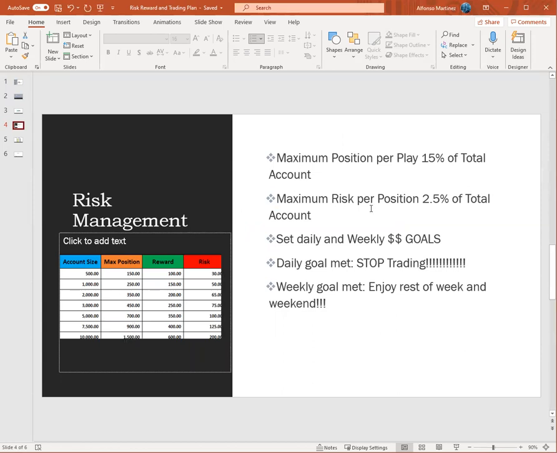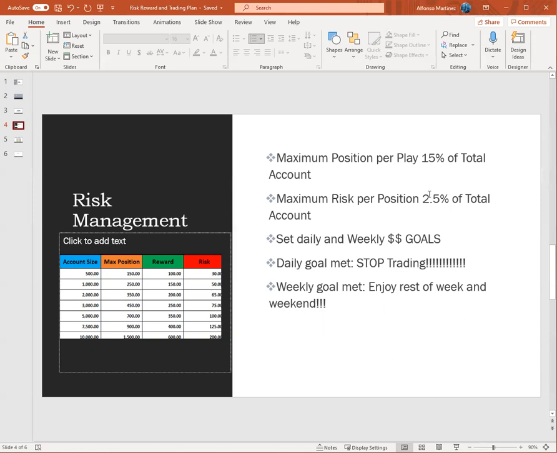And the maximum risk per position is going to be 2.5% of your total account. So this risk that is here in the red column is the equivalent of 2.5% of the account size. So those always remain written in stone.